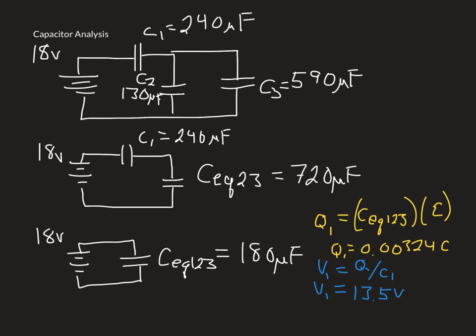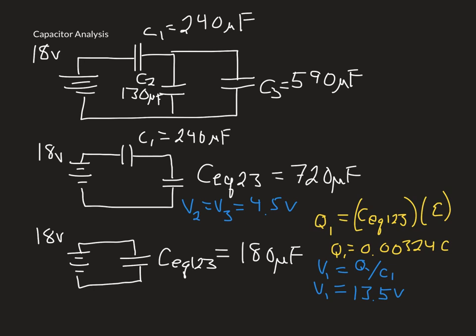So there's a total of 18 volts across both capacitors. If V1 takes 13.5 of it, we just have to figure out what's left over for V2 and V3. So that would be 4.5 volts, because 4.5 volts plus 13.5 volts equals the total 18 volts that the battery is putting across the circuit.